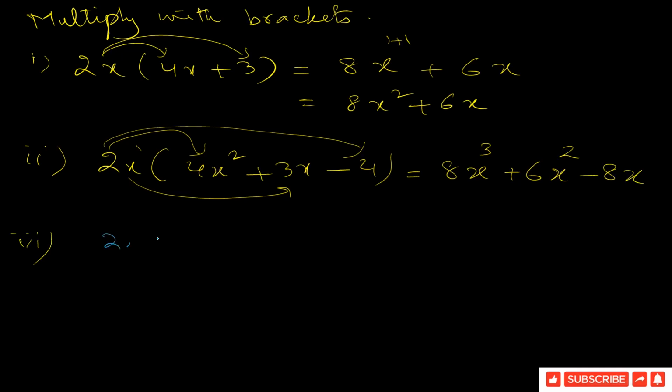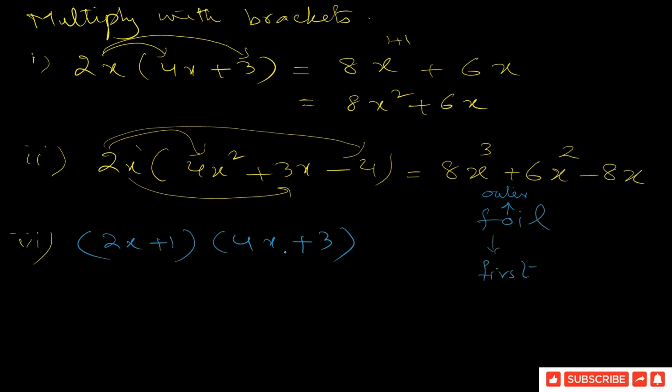2x plus 1 times 4x plus 3. This will be solved through the FOIL method. FOIL means F stands for first, O stands for outer, I stands for inner or inside, and L stands for last ones.